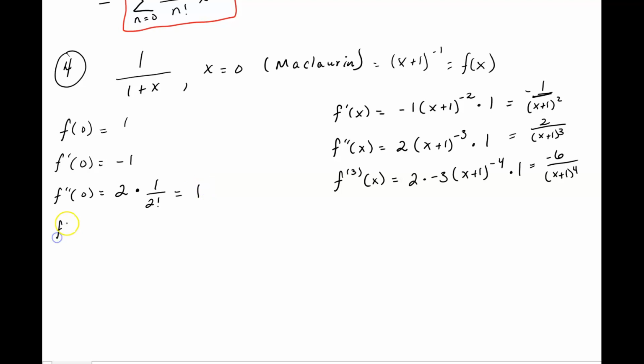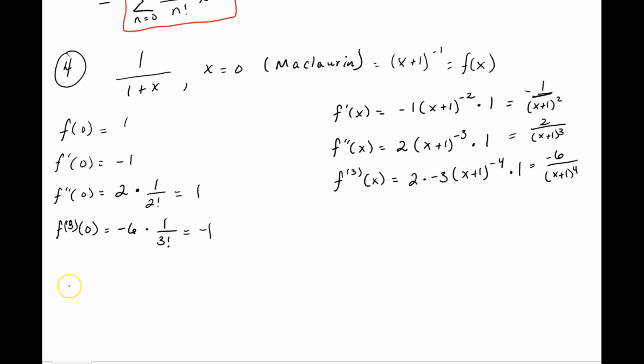And then we have f triple prime of 0, and I'm going to write it like that, the third order derivative. And that is going to be, in this case, a negative 6 over 0 plus 1 to the 4th, so negative 6 times 1 over 3 factorial, 3 factorial being 6, leaving us here with a negative 1, and it alternates there as well.